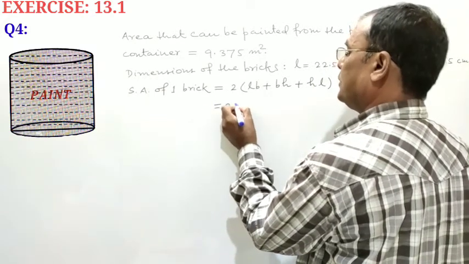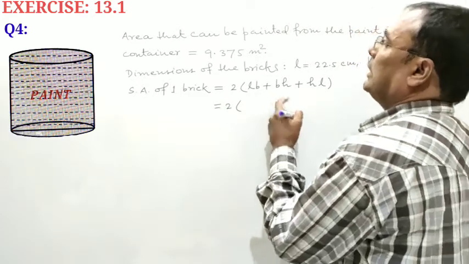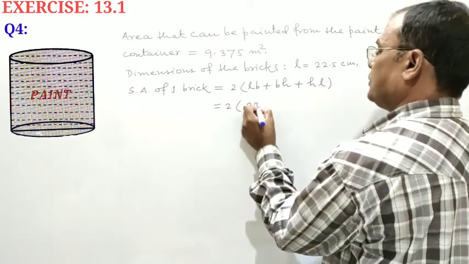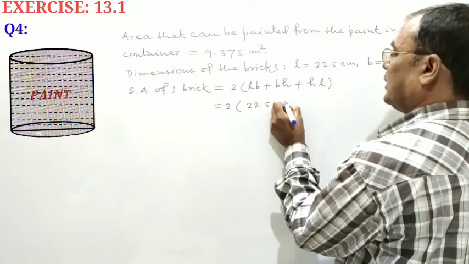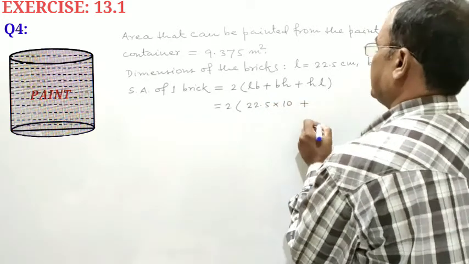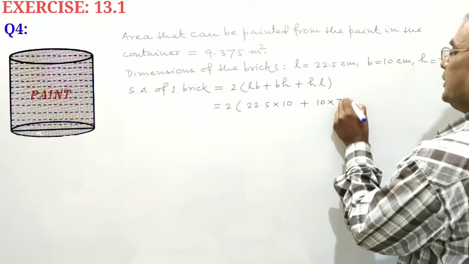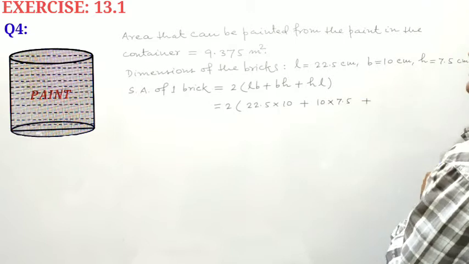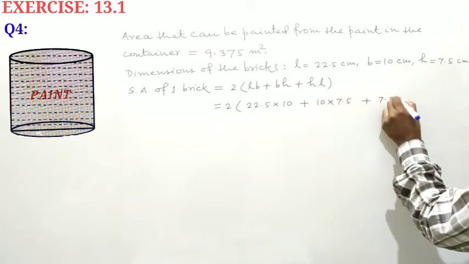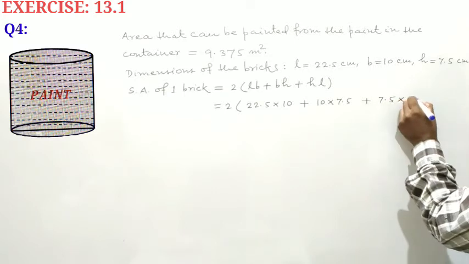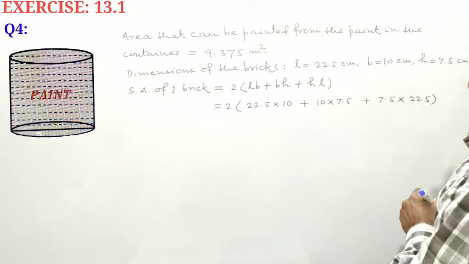This is equal to 2 into 22.5 centimeter into 10 centimeter plus 10 centimeter into 7.5 centimeter plus height 7.5 into length 22.5 centimeter.